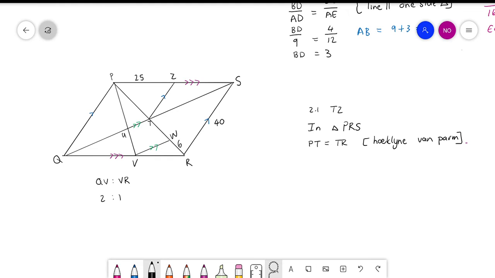Meaning that we know we are using the midpoint theorem here. So Z is also the midpoint of this side up here. That will be the midpoint. So this will also be 25, but that's not what I'm answering at the moment.